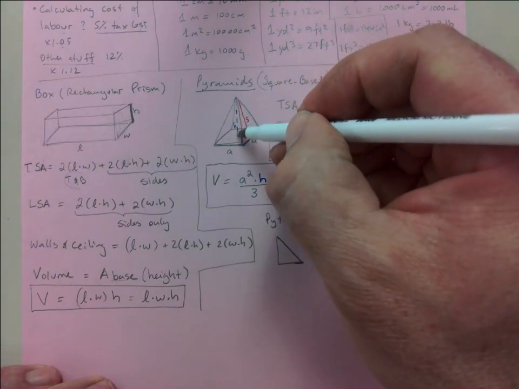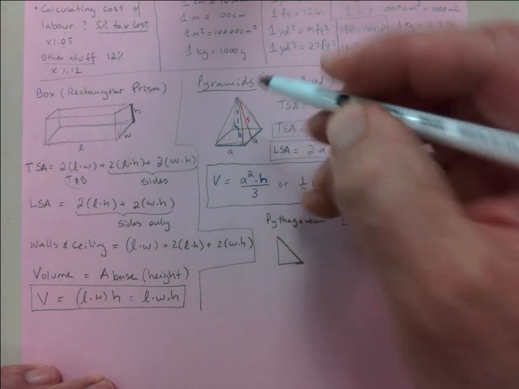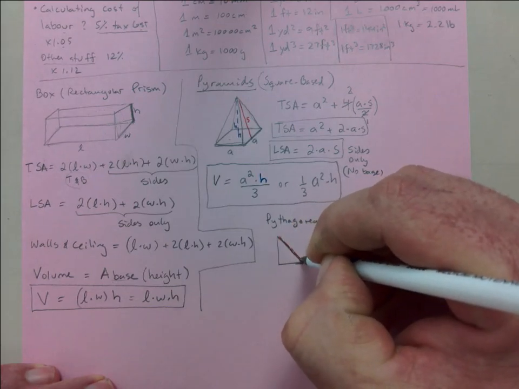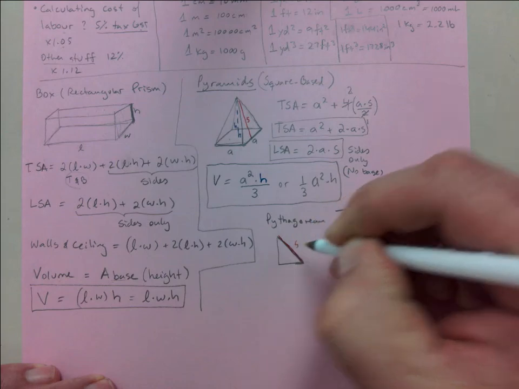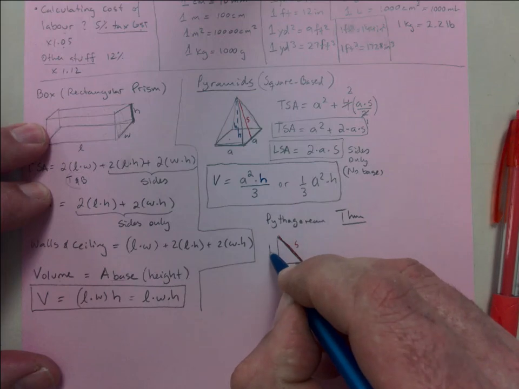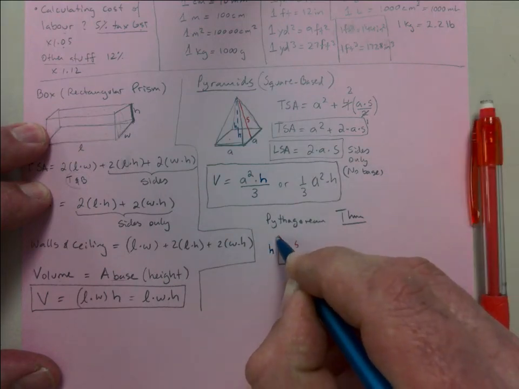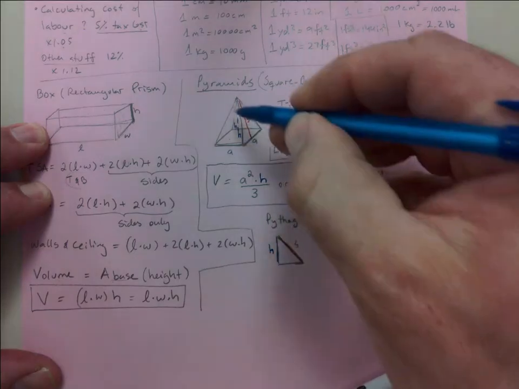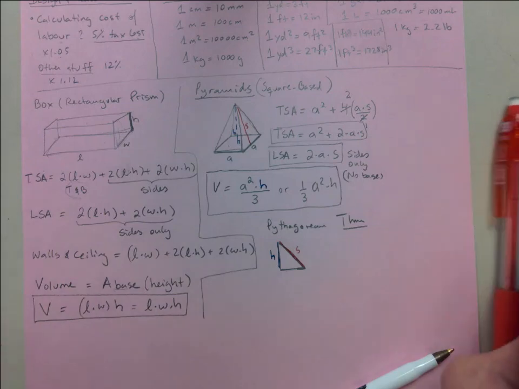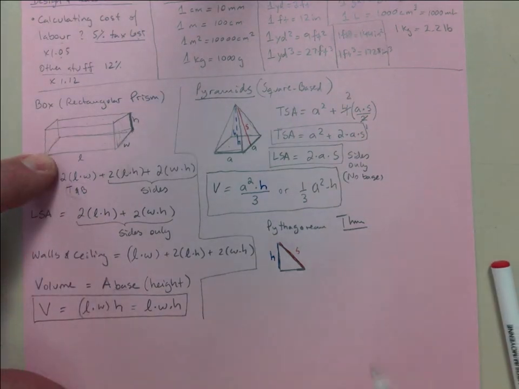So what we know, remember, if we were to cut out this triangle kind of sideways, this would be what we consider the slant, S. This would be your height. This one right here is the one that goes down the center. If you think about this one, it's A divided by 2.